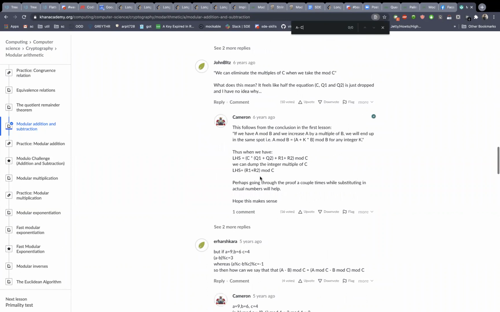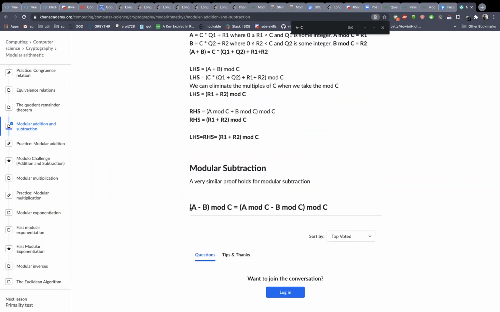I think it's not there. Yeah. This one is like that. A minus B mod C is A mod C minus B mod C. I think it is the same. Yeah, you're correct actually. Yeah, it is the same. It's the distributive property, right? Yeah. It holds for addition, subtraction as well as multiplication.